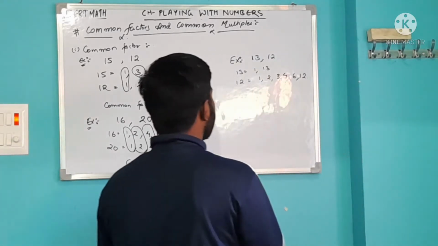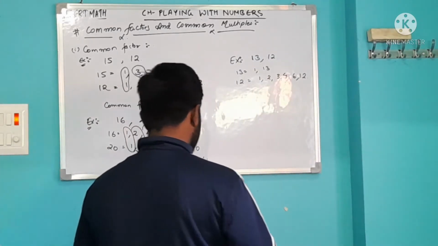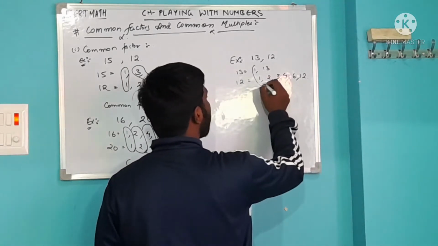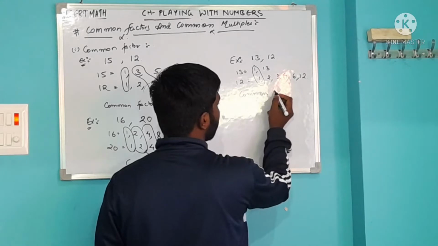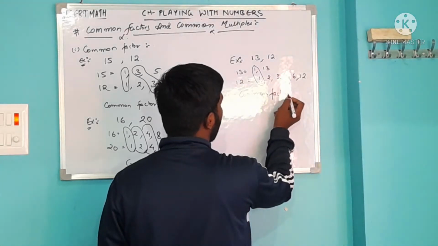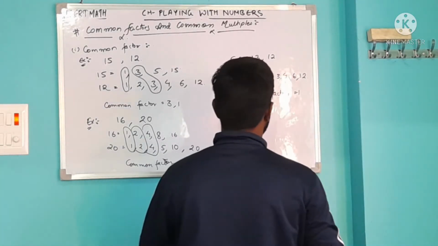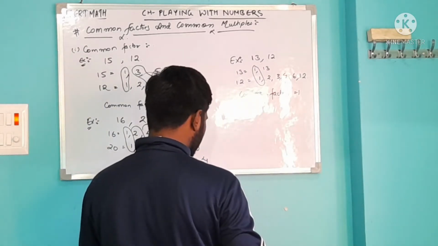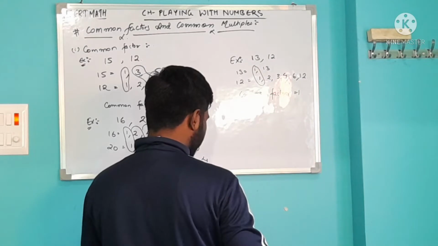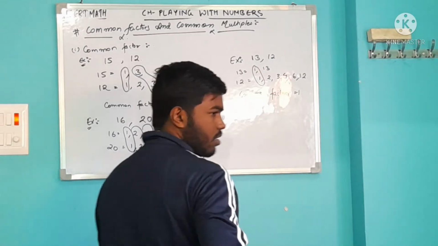So one conclusion comes through this, because we have 1 as our only common factor. Two numbers having only 1 as a common factor are called co-prime numbers.